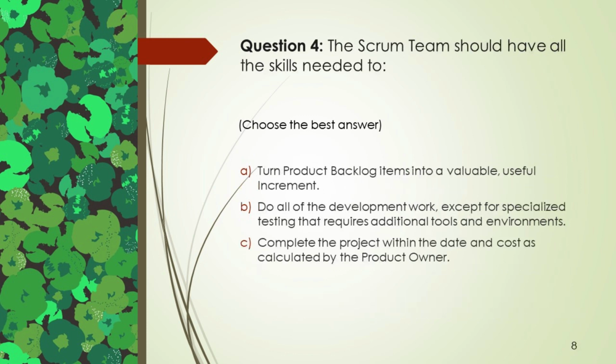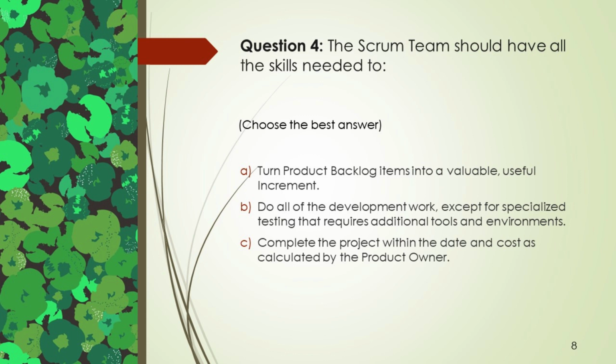Question 4. The Scrum team should have all the skills needed to. Choose the best answer. A. Turn product backlog items into a valuable, useful increment. B. Do all of the development work, except for specialized testing that requires additional tools and environments.